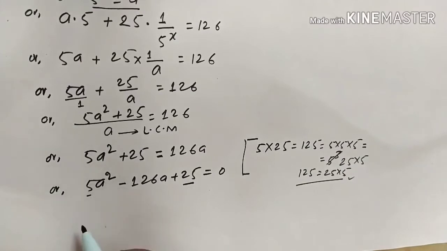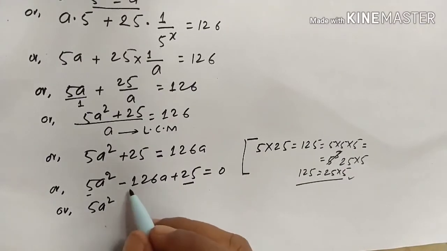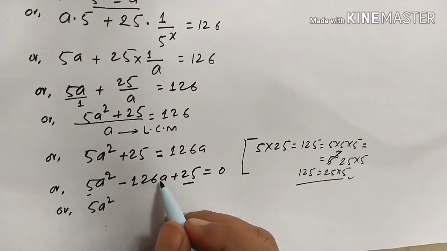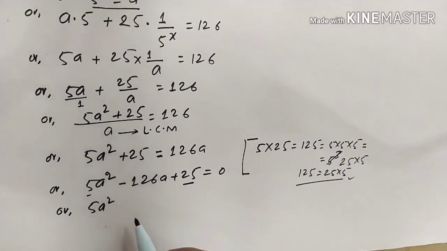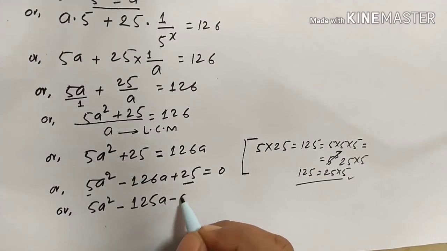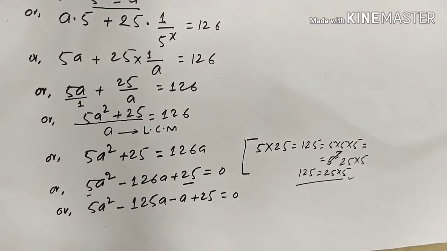Here you can see, if you factorize, 5a square is 5a square, but this 126a can be written as minus 125a minus a plus 25 is equal to 0. Now you should take common from this term and this term.